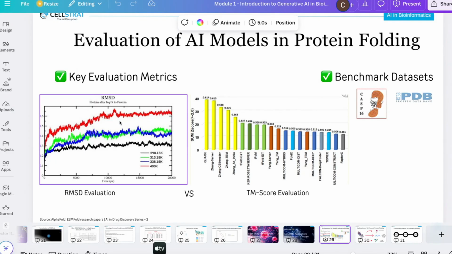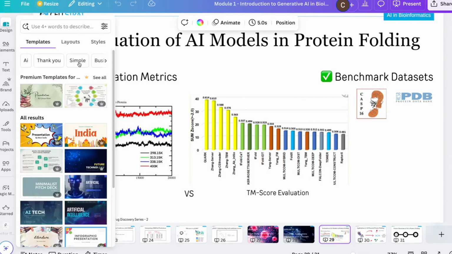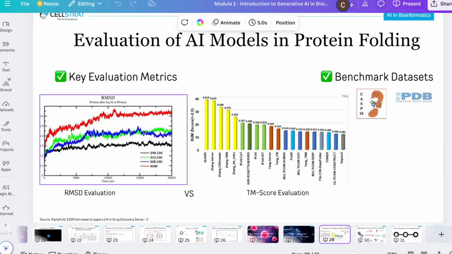This graph shows how the scores for each protein sequence differ across time, from 0 meaning no similarity to 1 being a perfect match. In this RMSD evaluation part, what you can infer is that it measures the average distances between atoms of predicted and experimental structures. Lower RMSD means higher structural similarity, and it is sensitive to outliers and global alignment.